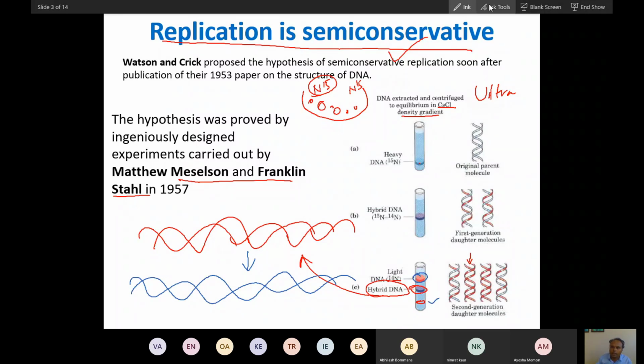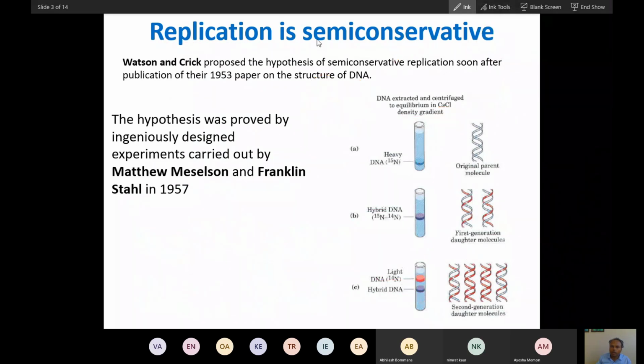From this experiment, they concluded that replication is a semi-conservative process. Did you understand this? Even if you don't understand, just remember replication is semi-conservative, and these two persons, Meselson and Stahl, did the experiment and found it out. So replication is a semi-conservative model.